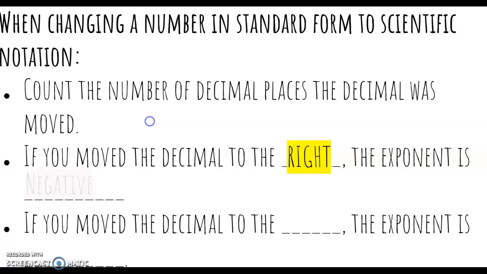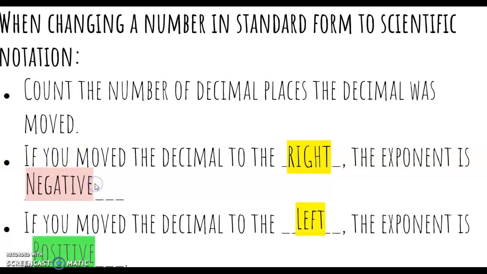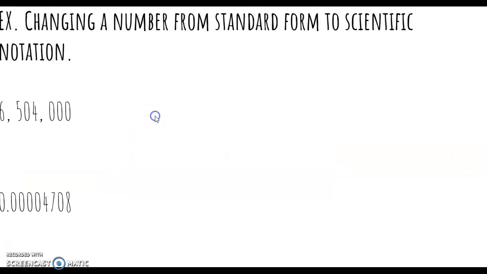If you move it to the right, the exponents are going to be negative. The exponent needs to be negative because it's becoming smaller than 1. Okay? If I move it to the left, the exponent will be positive. So standard form, if I move it to the left, it's going to be positive. If I move it to the right, it's going to be negative.